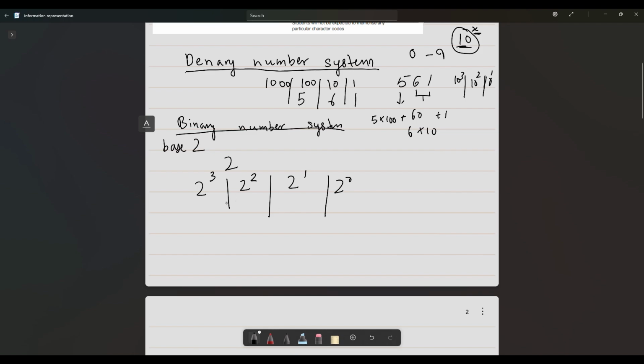Okay, I'll tell you some basic information about that. In binary, one single digit is known as a bit. So if you write just 0, that's 1 bit, or if you write just 1, that is 1 bit, right?